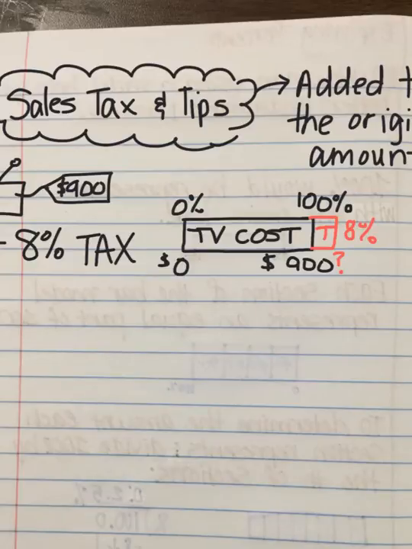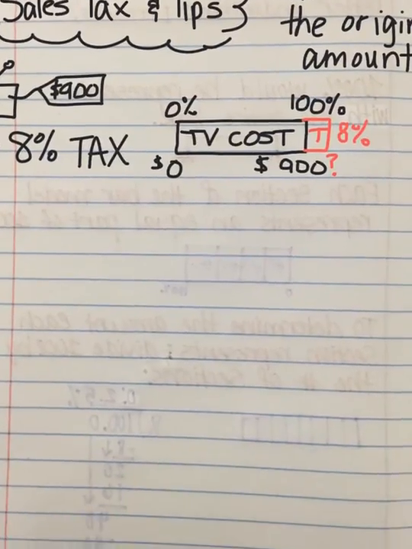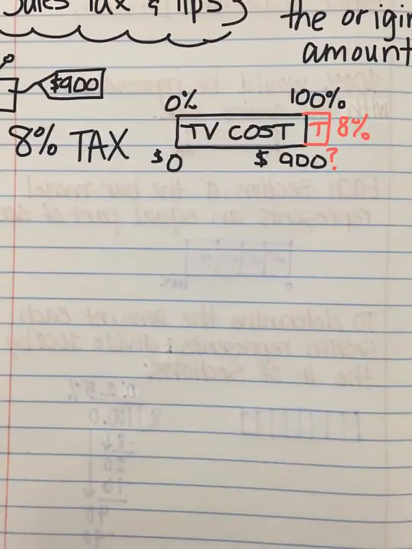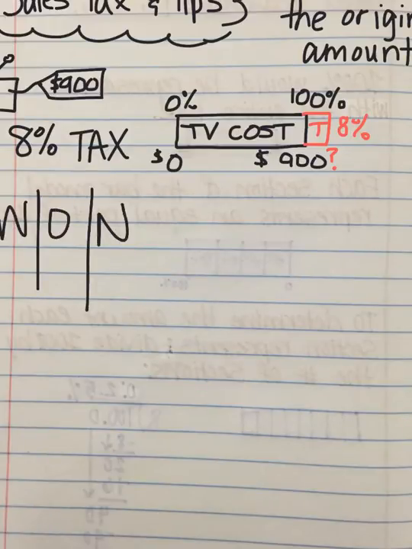Okay, so let's set up our structure. What's the structure we use to organize? The one structure, the WON. Okay, we'll use this structure, and then we're going to set up that proportion to solve this.